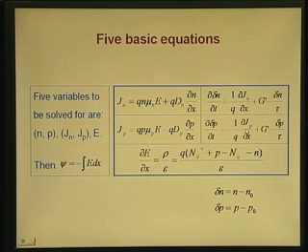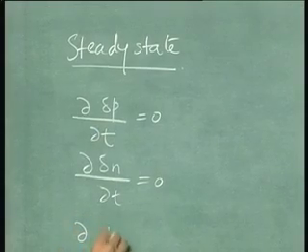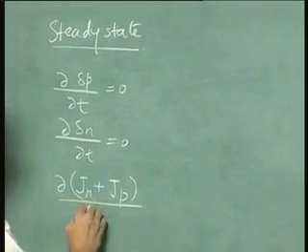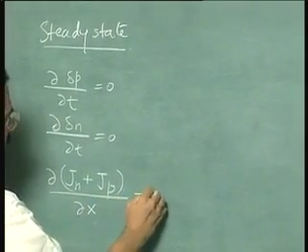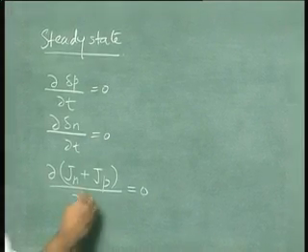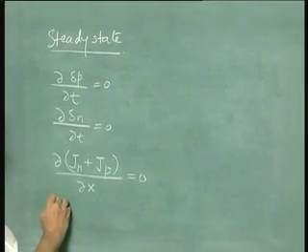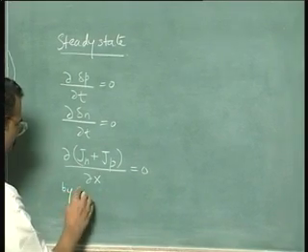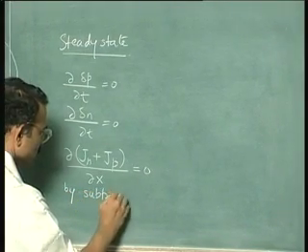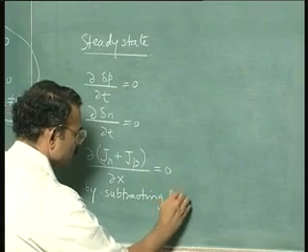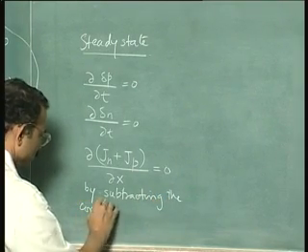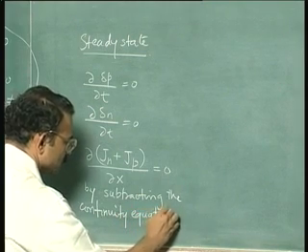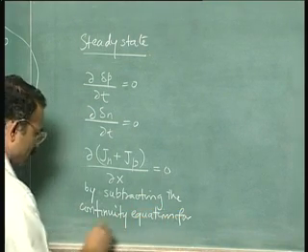So you get dou (Jn plus Jp) upon dou x is equal to 0. This is obtained by subtracting the continuity equations for holes and electrons.